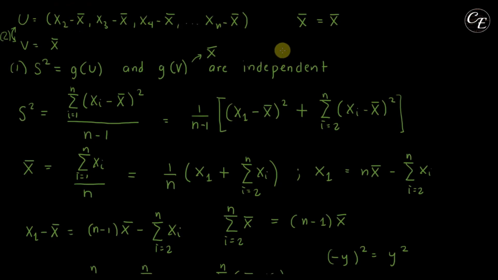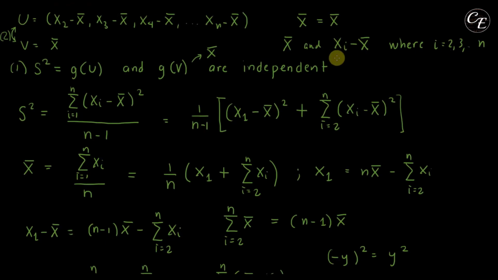So the way we're going to do that is simply to prove that x bar is independent of x sub i minus x bar, where i is from 2 until n.